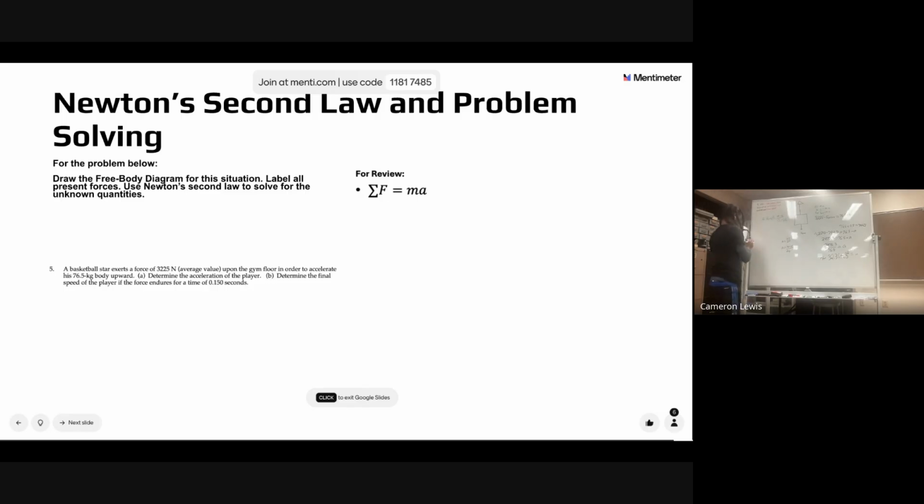It wasn't given to us; we calculated it from the first problem. But now we're also assuming that the initial velocity is equal to 0.